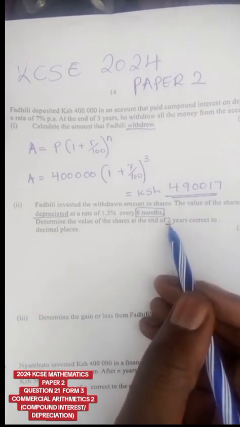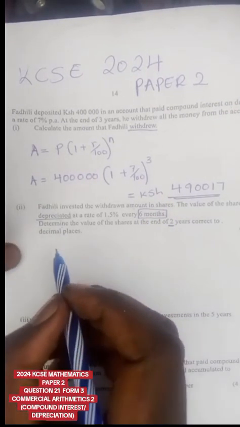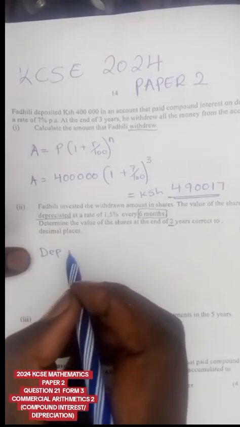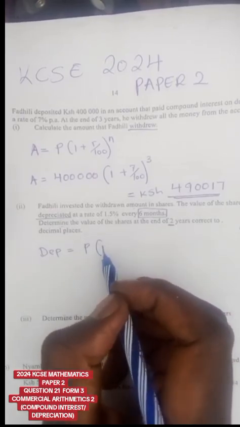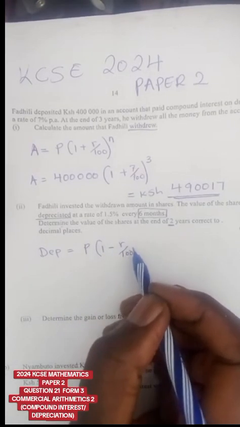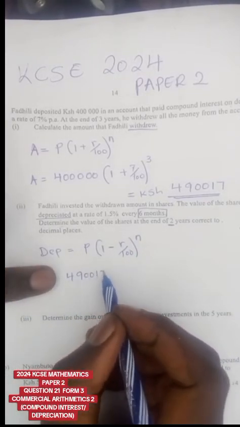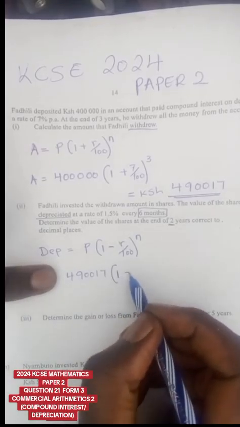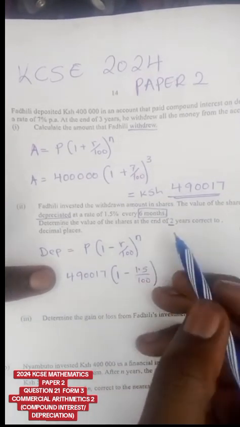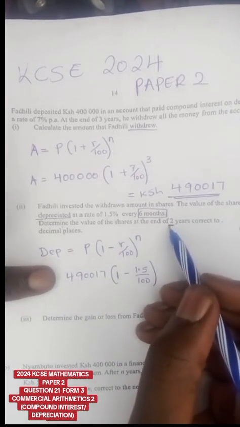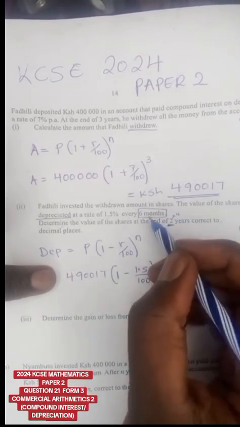So depreciation is equal to the principal times 1 minus r over 100, then power n. The amount invested was 490,017 times 1 minus the rate, which is 1.5 over 100. And now for the number of years, instead of writing 2, it will be 2 times 2 over 1, which is 4, because of compounding half-yearly.